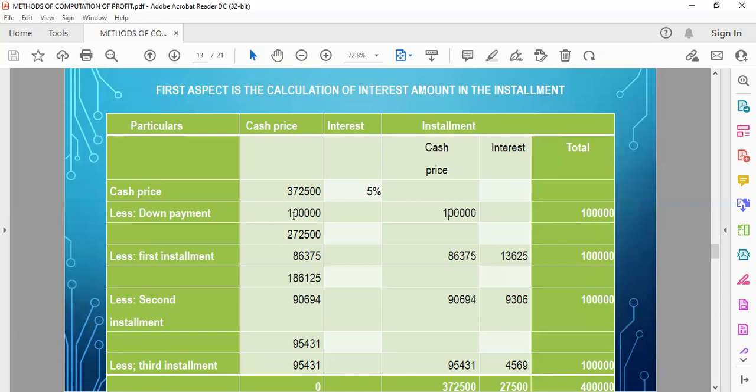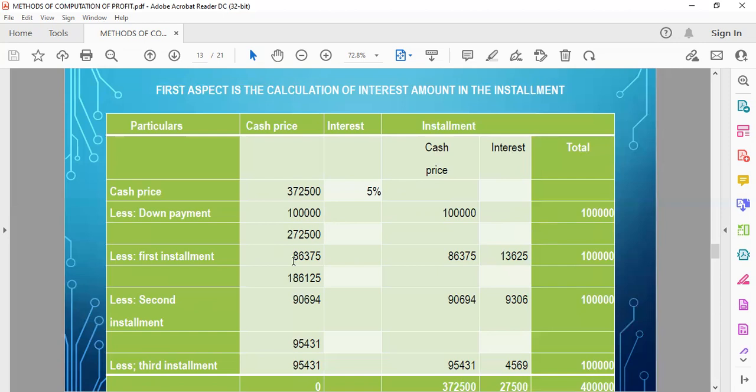Because we have already given 1 lakh rupees as a down payment. Now the balance amount is 2,72,500, right? So we calculate 5% interest on this amount, and you will get 13,625.